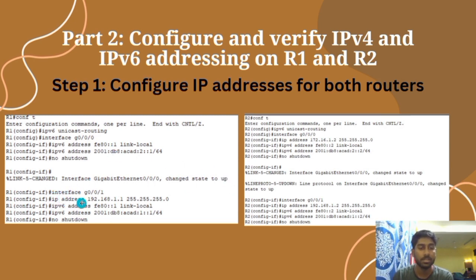The IP address for router 1 is 192.168.1.1, and the subnet mask is 255.255.255.0. And for router 2, the IP address is 192.168.1.2, and the subnet mask is 255.255.255.0.